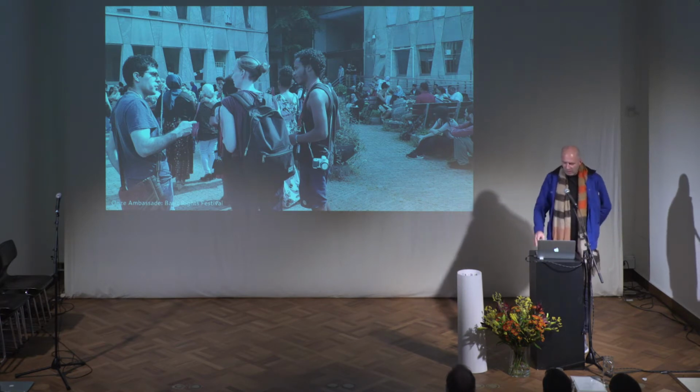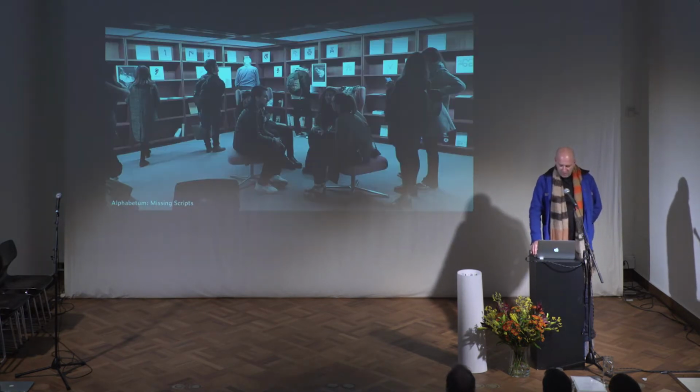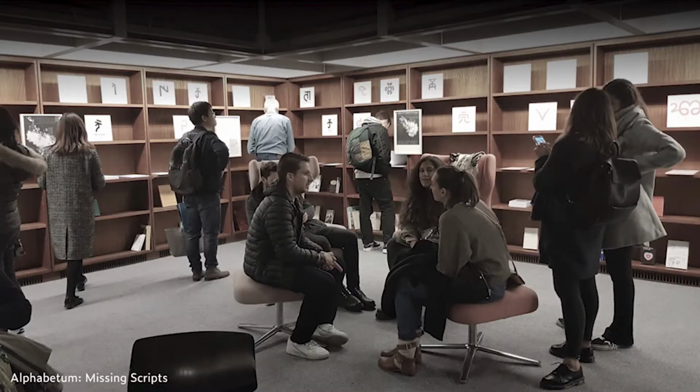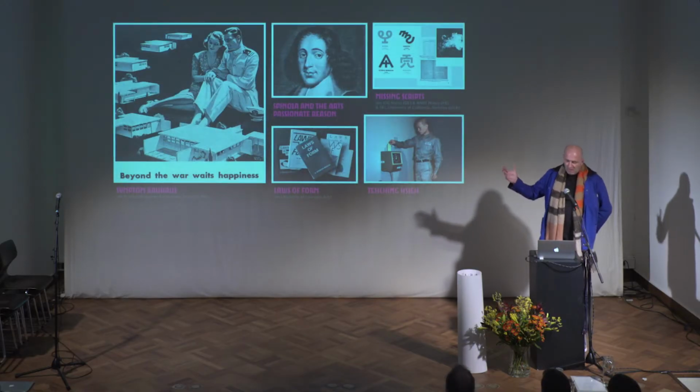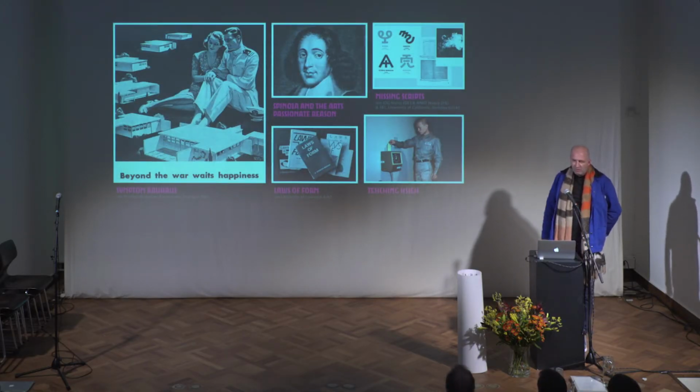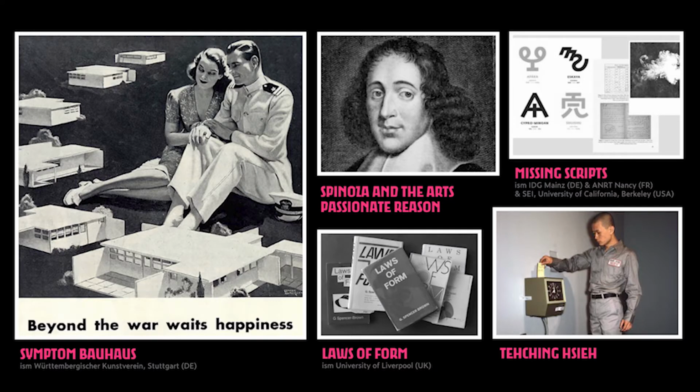So that was an event for undocumented people. And then there's also the library, which is not the library anymore, but the Alphabetum. We mostly have 4 or 5 exhibitions running at the same moment. Currently that's the Symptom Bauhaus exhibition, Teaching Shi, Spinoza and the Arts, which is guided by Baruch, and 2 Alphabetum exhibitions.